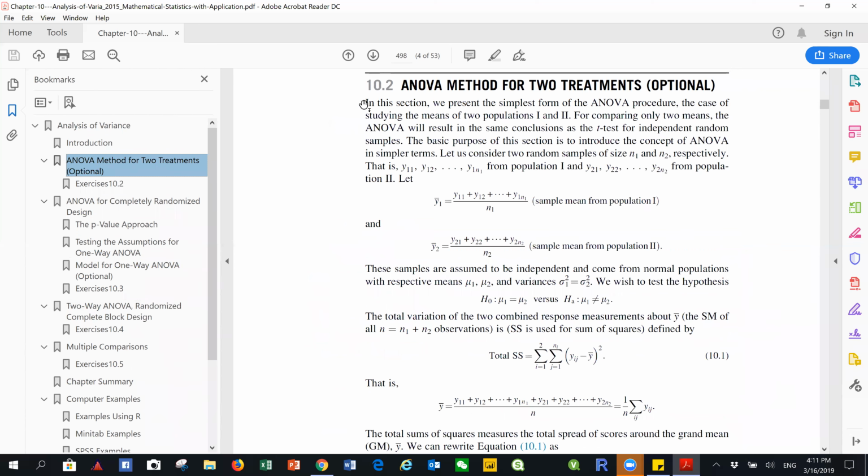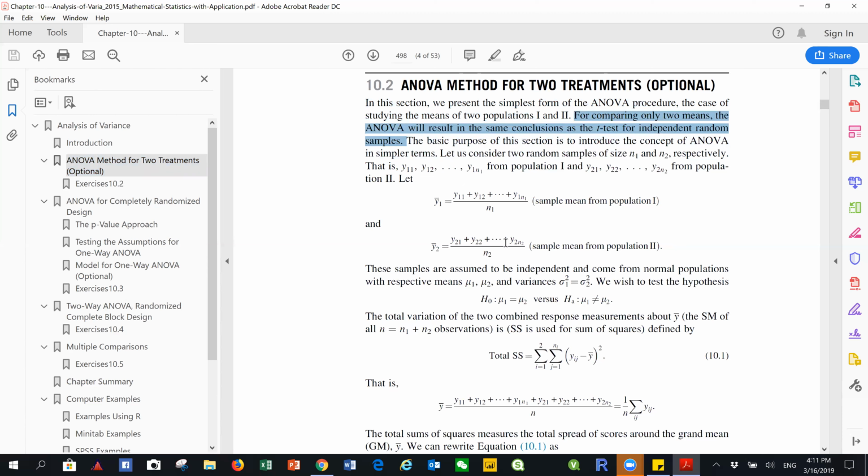If you read this statement, this section presents the simplest form of ANOVA procedure, the case of studying the means of two populations. Comparing two means, the ANOVA will result in the same conclusions as a t-test with independent random variables.